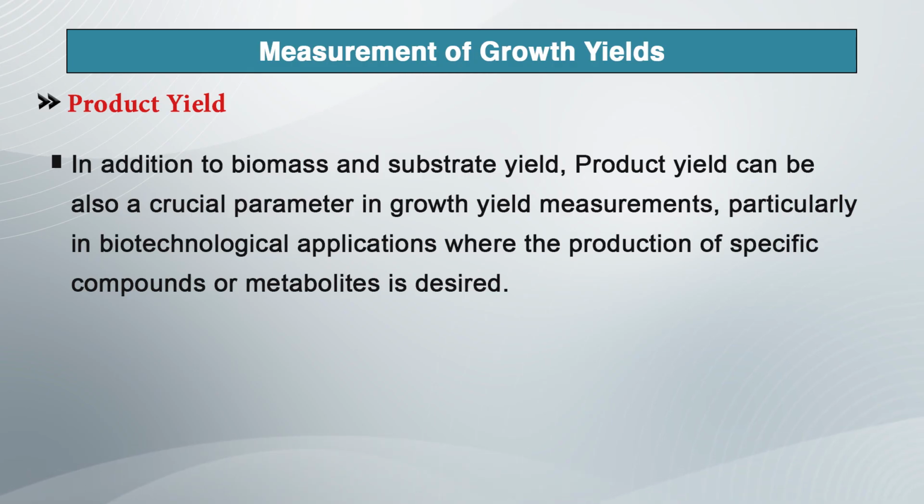Product yield quantifies the efficiency of formation of products from the substrate and reflects the overall performance of microbial strains in synthesizing target compounds of interest. Whether it be the production of biofuels, pharmaceutical products, enzymes or special chemicals, optimizing product yield is paramount for commercial viability and process scalability.